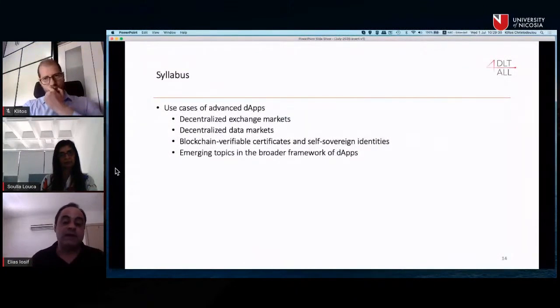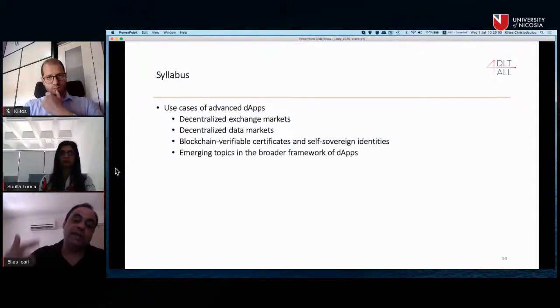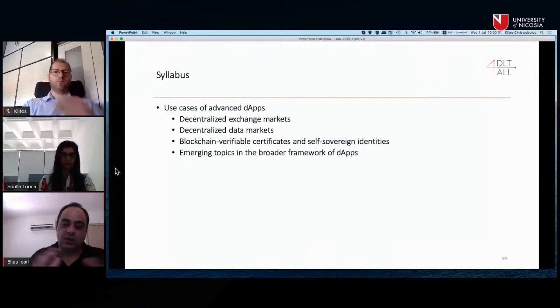This way, we have silos of IDs. We have some giants that control your ID, at least as far as those web services are concerned. So the idea is to reverse this situation and put the user at the center of the ID.